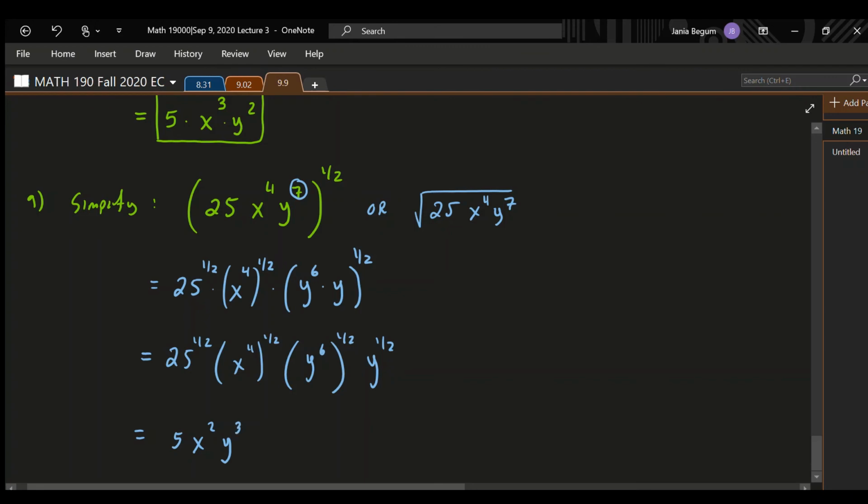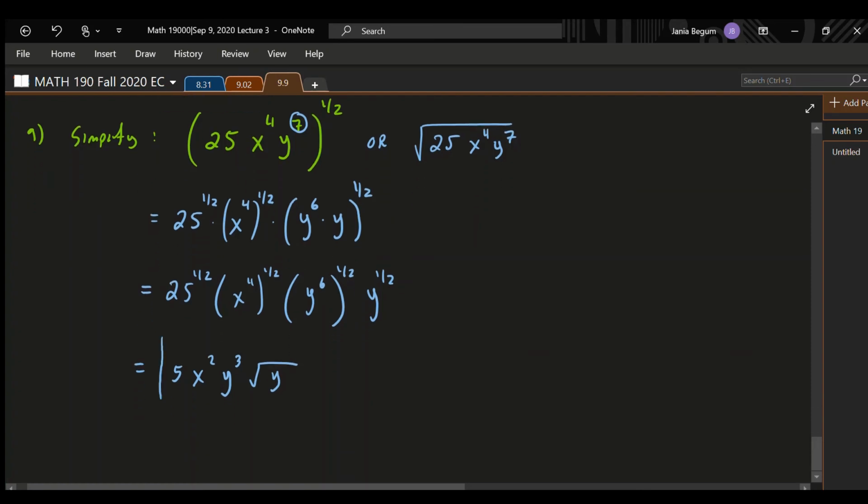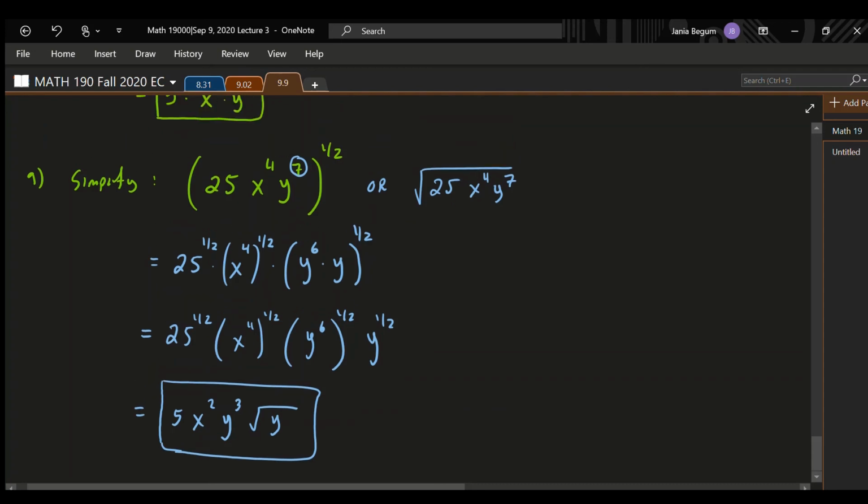And then the last one remains as y to the 1/2, so we're just going to say the square root of y. So this would be another way to simplify. Okay. So sometimes if the power doesn't divide evenly, you want to split them up.